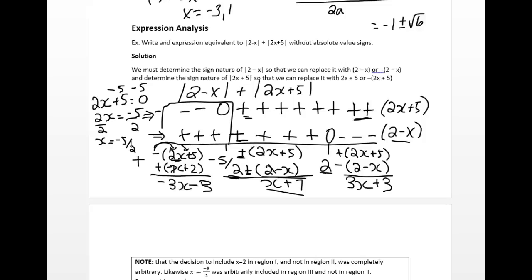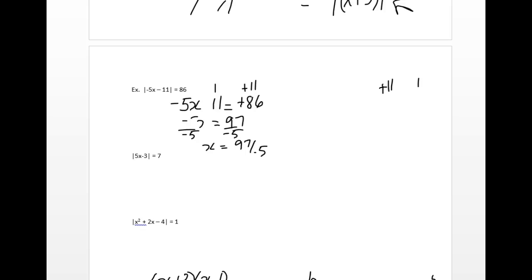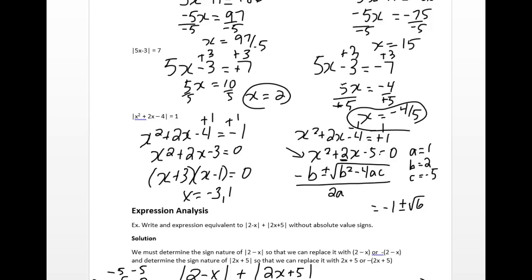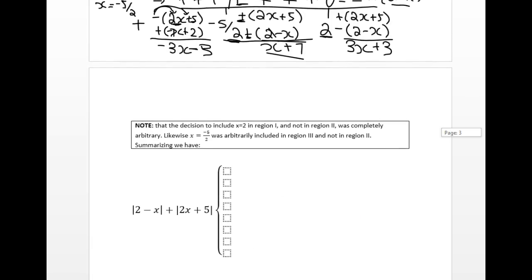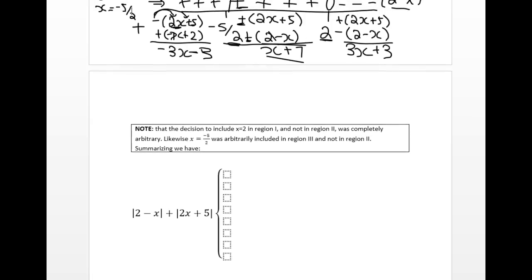Okay, so then we cruise down here and we put it in this notation. So all it means is our first section was minus 3x to minus 3, right?